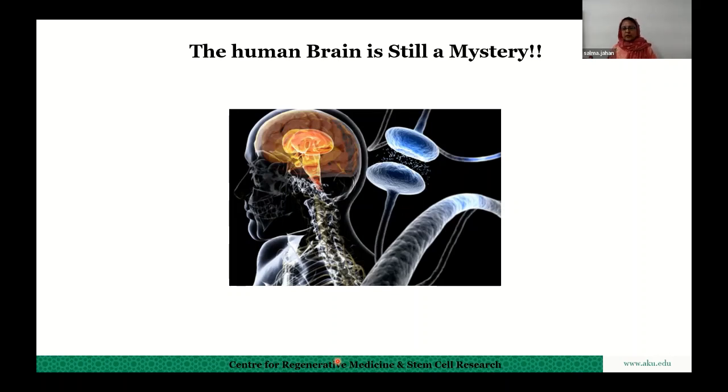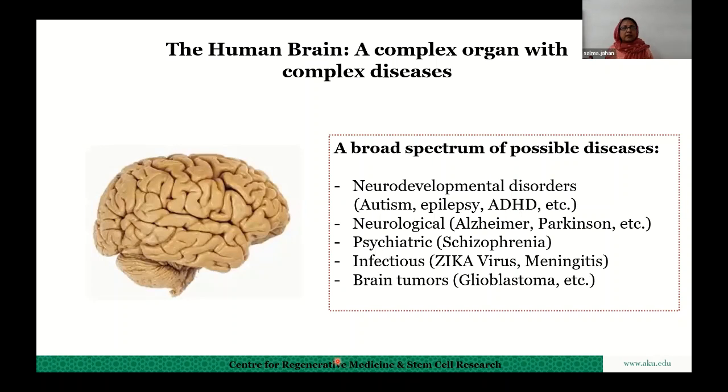The human brain is responsible for perception, cognition, and some major functions which we cannot study through other species. So how do we understand the human brain, which has complex diseases, as you know?